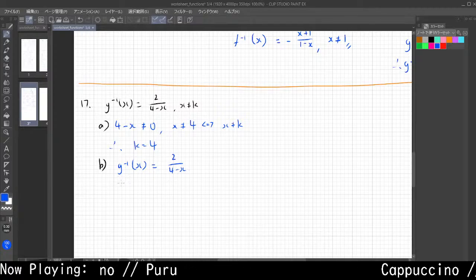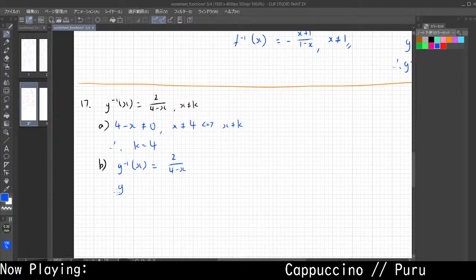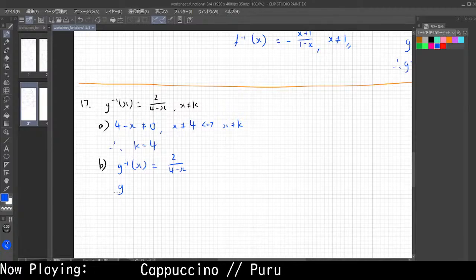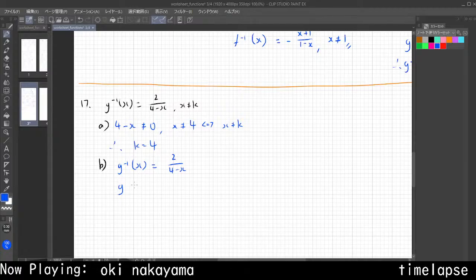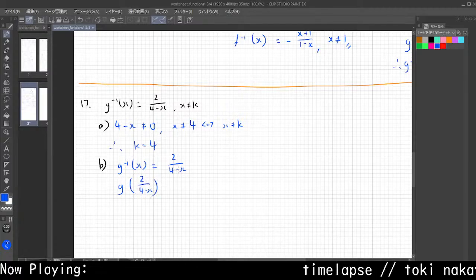If you swap places, you change back from inverse to g, so you get rid of the negative 1. Then you swap places, so g(2 over 4 minus x) equals x.